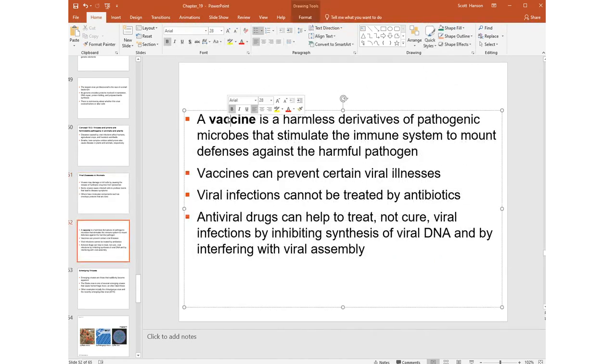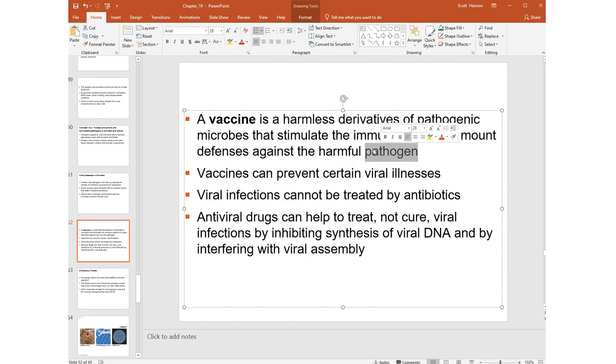So a vaccine, we pretty much all know what a vaccine is. It's made up of harmless derivatives of pathogenic microbes that stimulate the immune system to mount defenses against that type of pathogen.